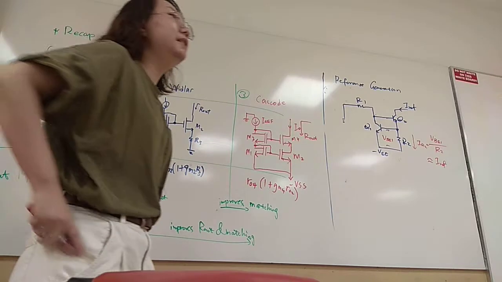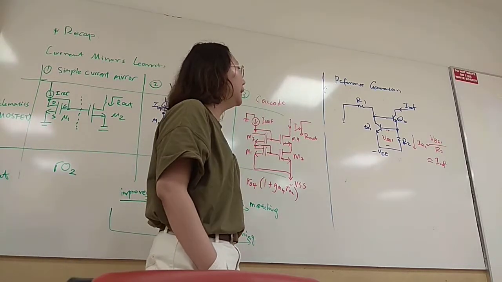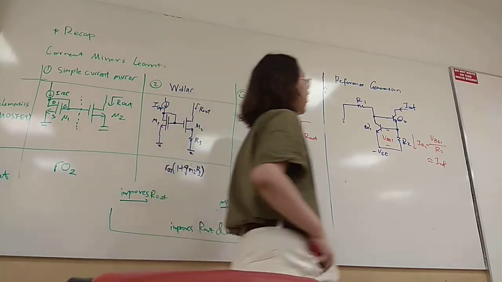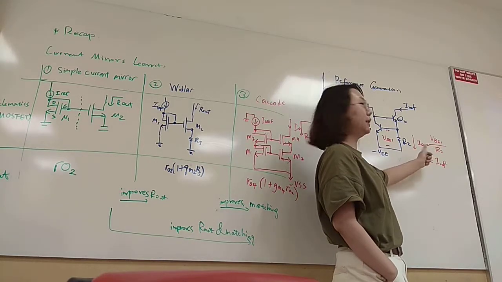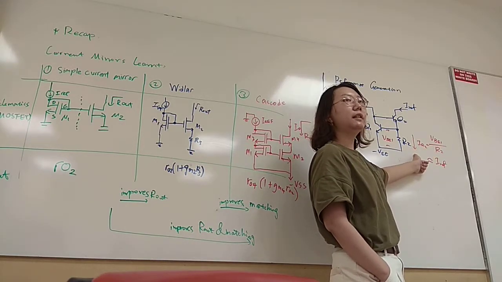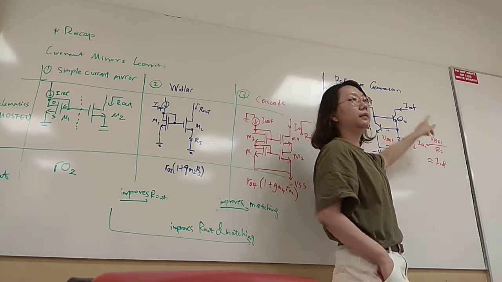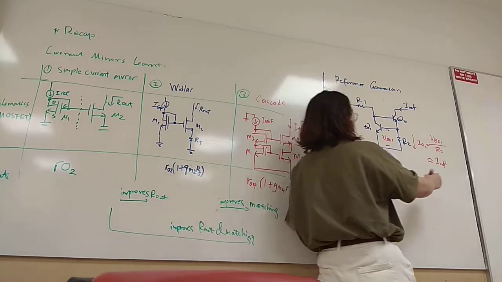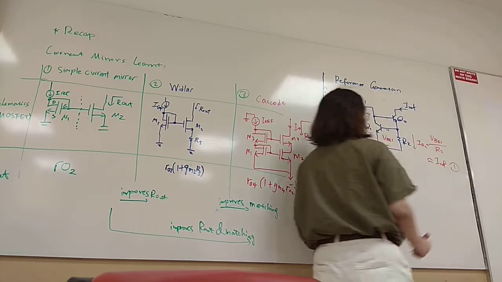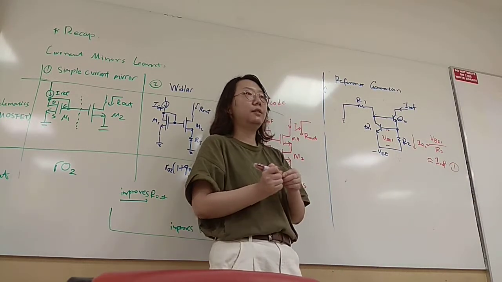So can you find another equation for this IREF? One equation I can find is by using this resistor. Can I find another equation for your IREF? So we have equation 1, which is IREF equals VBE1 divided by your R2.